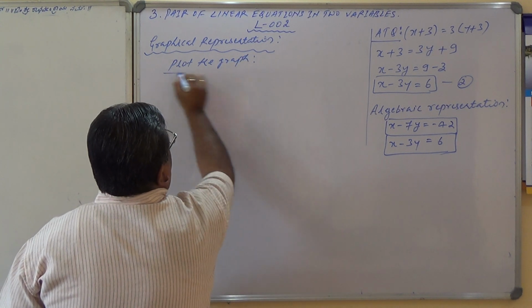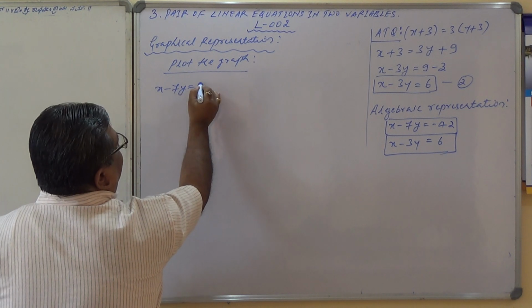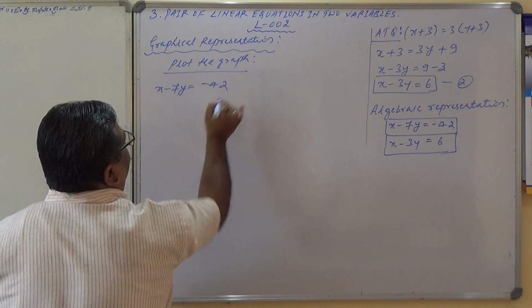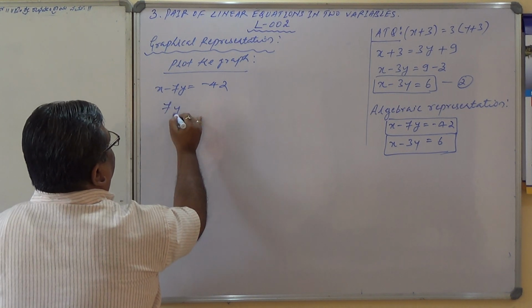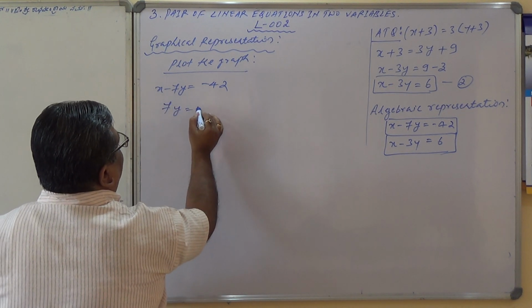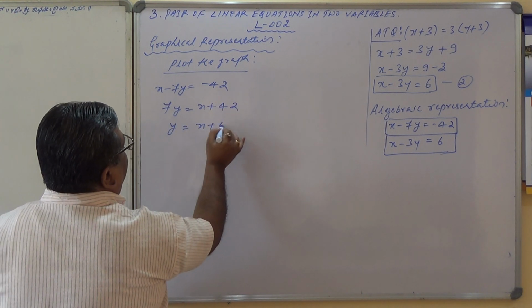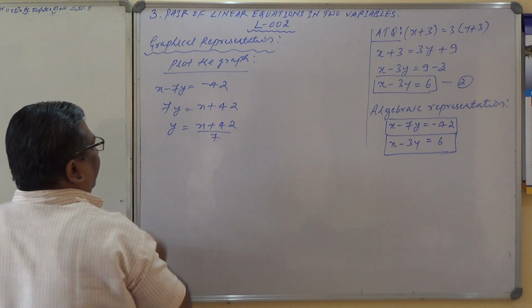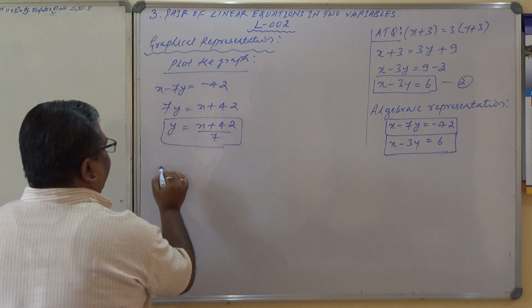Plot the graphs. Express y in terms of x. 7y equals x plus 42. y equals x plus 42 divided by 7. This is expressing y in terms of x. Prepare the truth table.